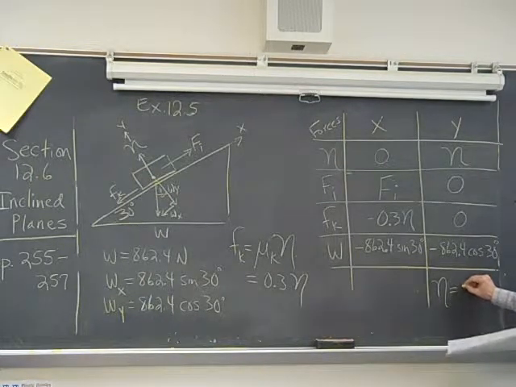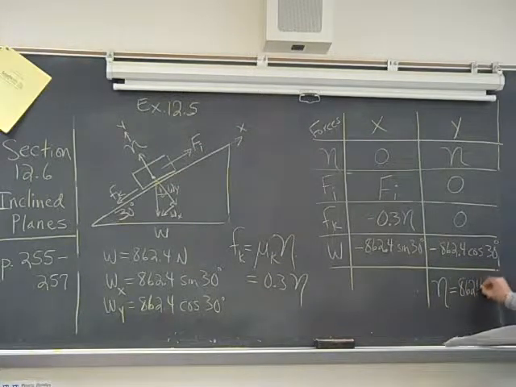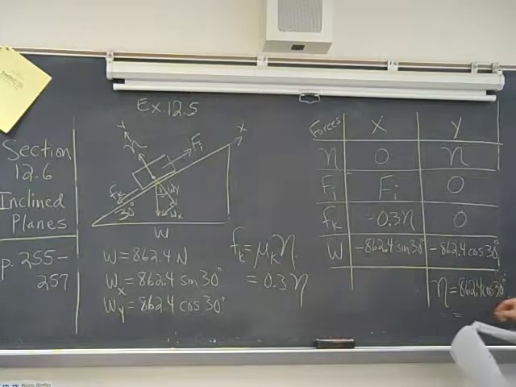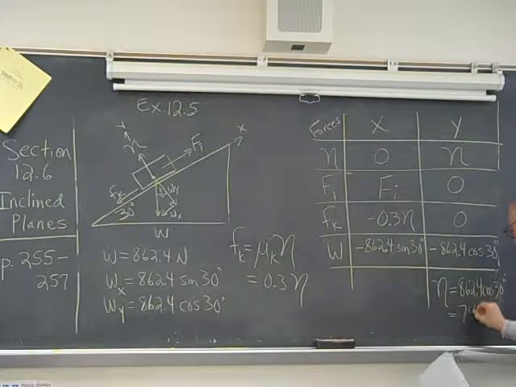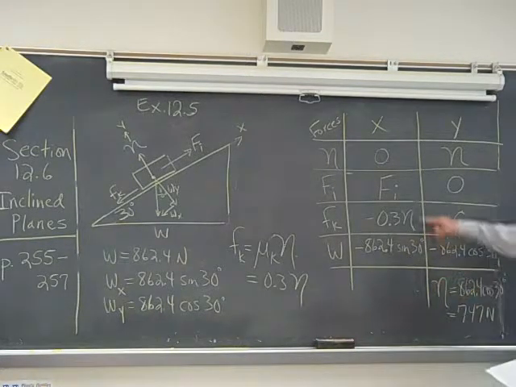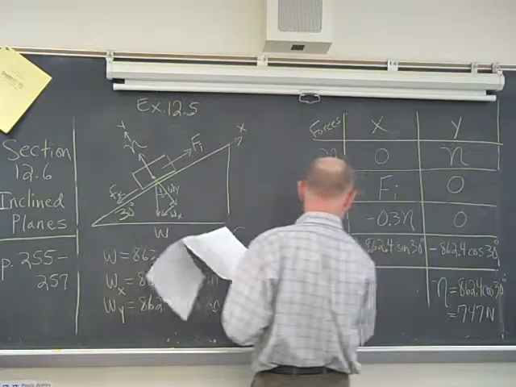So the normal force is equal to 862.4 times the cosine of 30 degrees. And if you do the calculation, that ends up being 747 newtons. So we can solve that right away. And then it's going to be handy because we're going to do a substitution over here.